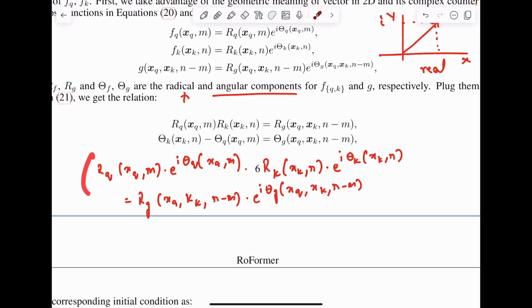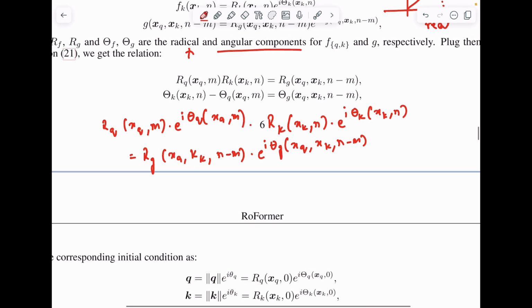So these are two complex numbers. When complex numbers are multiplied with each other, we usually take the complex conjugate of the second one, right? So this is the left hand side, LHS, and this is the RHS. This left hand side will eventually turn out to be rq, rk.